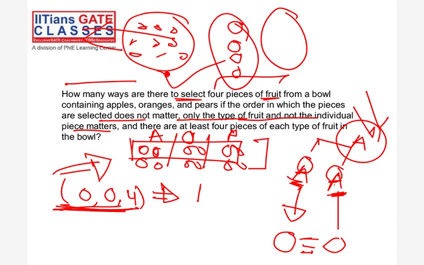If they were different, then you could have picked them in more ways. But assume that they are all identical, completely identical, because the only thing that matters is the type of fruit, not the individual piece. So if everything is identical, and you want to pick one, then there is one way.